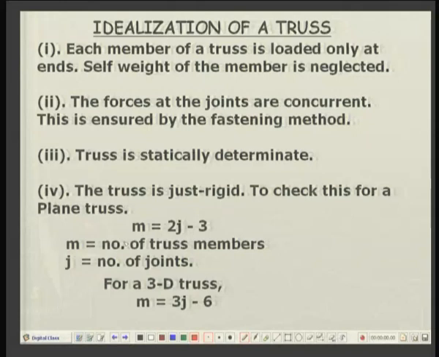Number 1, each member of a truss is loaded at the two ends of the member, that is, we are neglecting the self weight of the truss or any other transverse load which may be acting on the members. You may recall that when there are forces only at the ends of a member, it is a two force member, and from equilibrium consideration the force has to be collinear, passing through the two ends or two pins of the member.